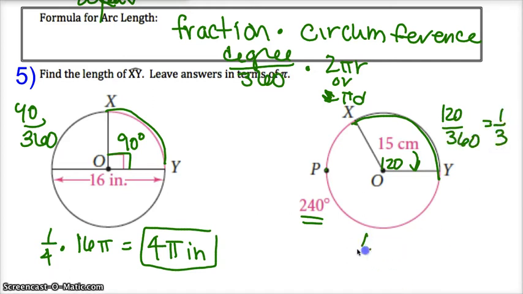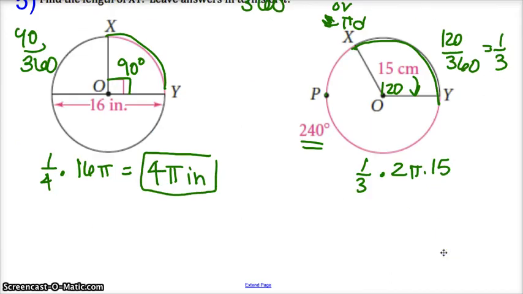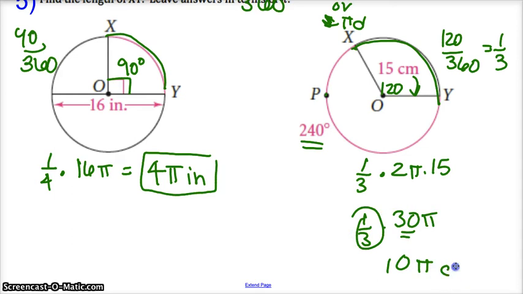So the fraction is 1/3 times 2 pi. I'm going to choose to use 2 pi r since they gave me r. So that's 30 pi. Well, 1/3 of 30 is 10 pi. Here we're in centimeters, not squared, not cubed, because circumference is perimeter, which is a linear amount.